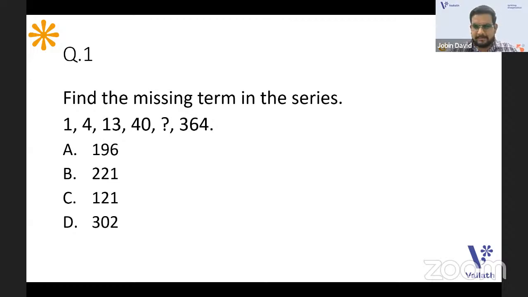When you practice many questions, you can catch it very easily. So you have 1, 4, 13, 40, dash, and 364. Go with the answer, and then I will go with the explanation. Just try it out.